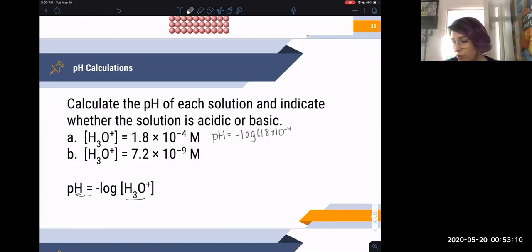You have to do a little bit more math. So in my iPhone calculator, I have to type in the number first, 1.8 times 10 to the negative 4. I type that in first, then I press the log button. Then I make it positive, or take the negative of it.